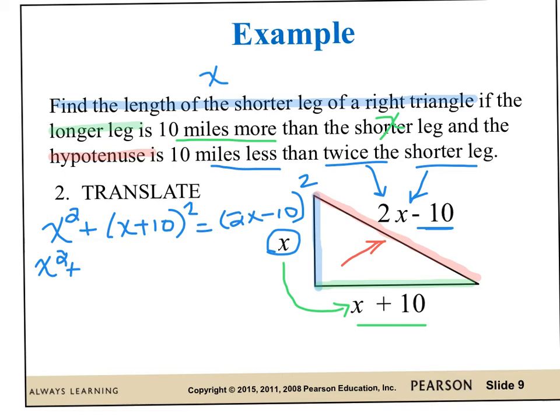And x plus 10 squared will be x times x is x squared. Plus 10x is plus 20x. Plus 10 times 10 is 100. Is equal to 2x times 2x is 4x squared.